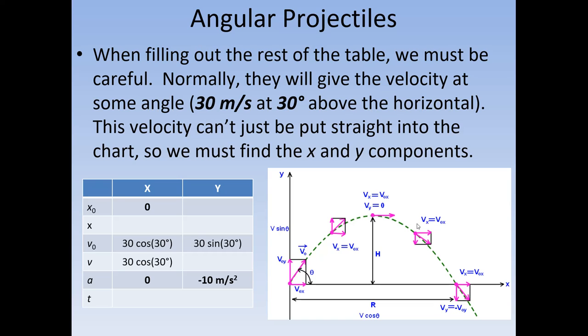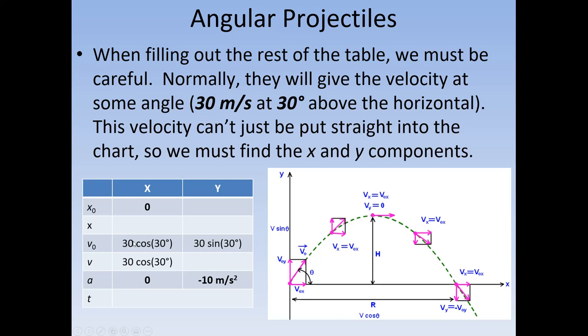When they tell us that the initial velocity is, let's say, 30 meters per second at 30 degrees above the horizontal, what I need to do is not put the 30 into my chart, but instead realize that my initial x velocity is 30 cosine 30, and my initial y velocity is 30 sine 30. So this is the amount of velocity that's pointed upwards, and this is the amount of velocity pointed horizontally.